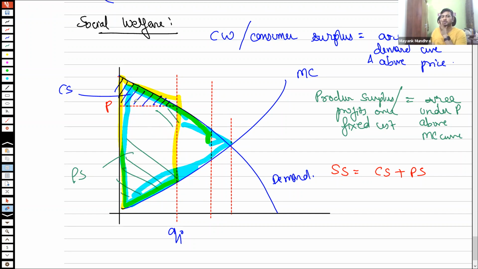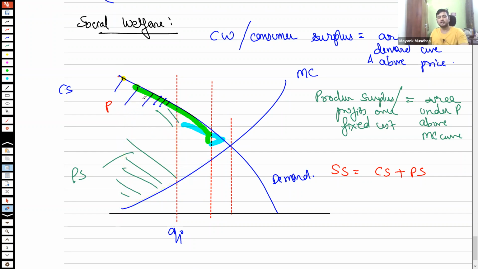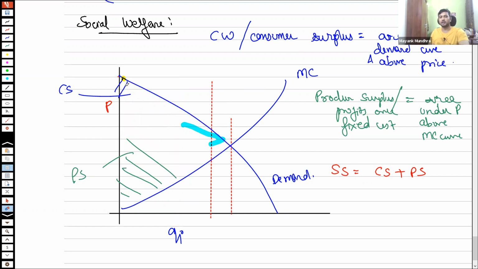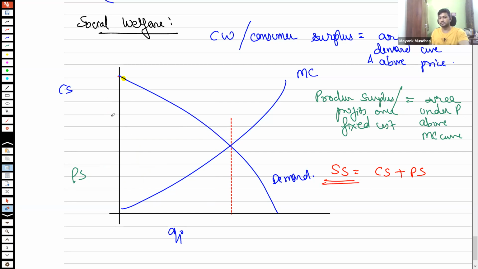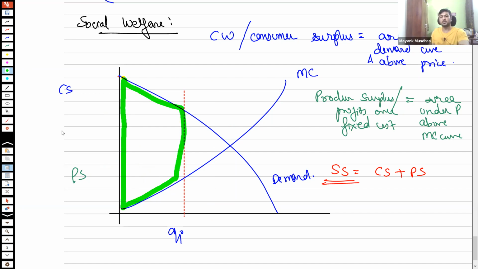First of all, just know that the price is a very important variable in dividing how the social welfare is distributed between consumers and producers. But as far as total social surplus is concerned, it doesn't depend on prices. If this was the quantity produced, Q1, the total social surplus would always be this much. But depending on prices, consumer surplus will change. If this is the price, consumer surplus will be this much.